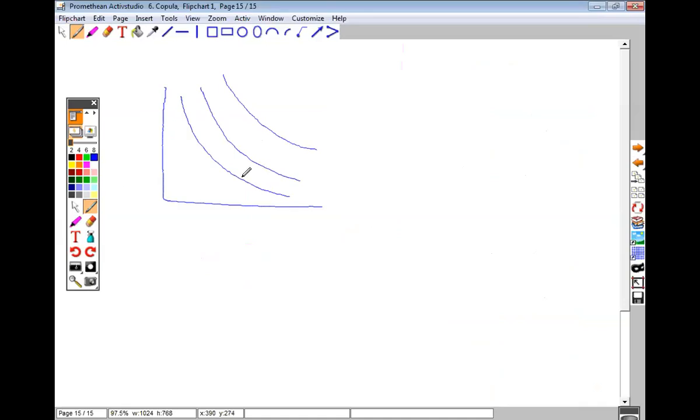These represent the utility that an individual gets by having a good which is on the x-axis and a y-axis. So there is some particular combination of x and y, and then another particular combination of x and y, and all of these combinations give the consumer a utility of 3, which is why this curve represents all the possible combinations of x and y which will give this consumer a utility of 3.